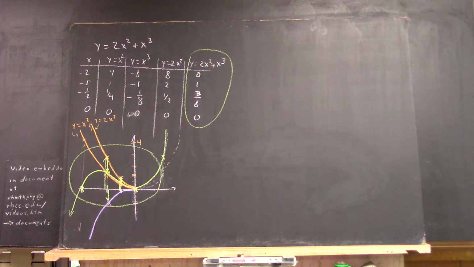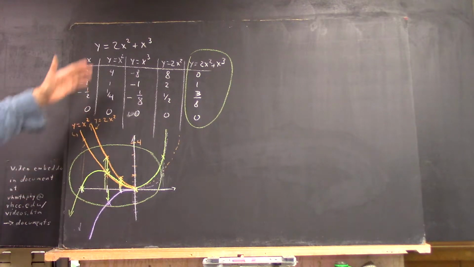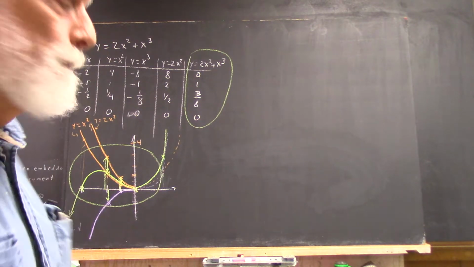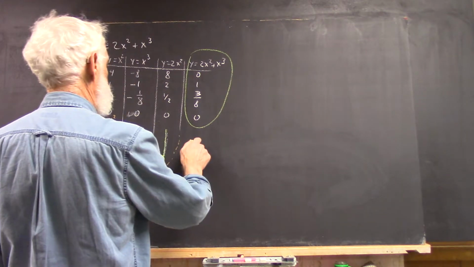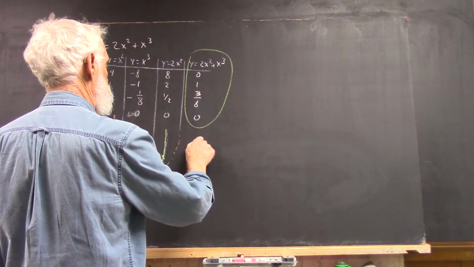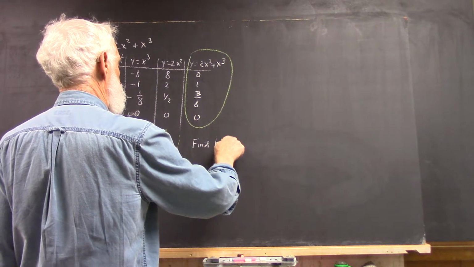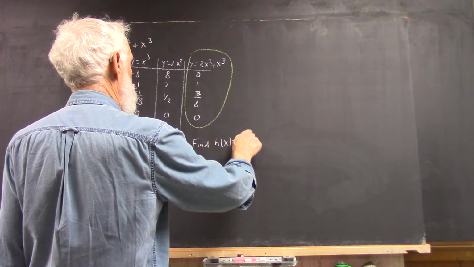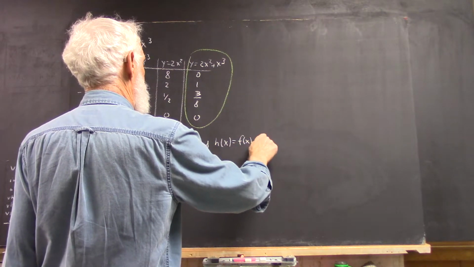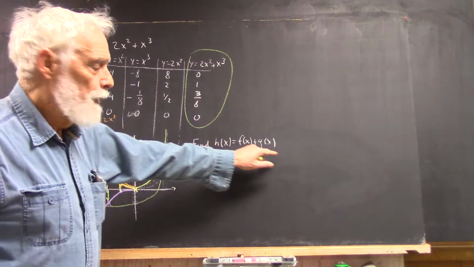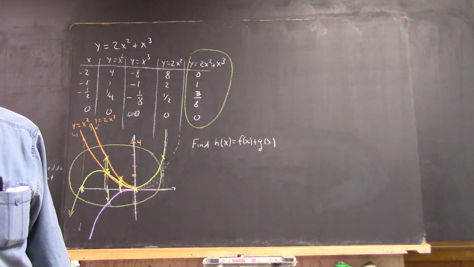So we see, again, illustrating how we would put two functions together by addition. Another way we could have stated this is find h of x equal f of x plus g of x, right?